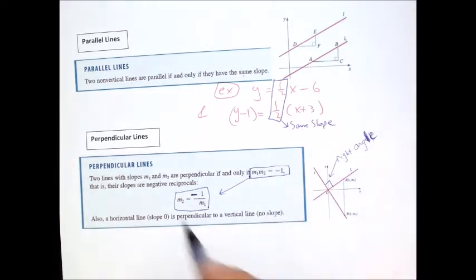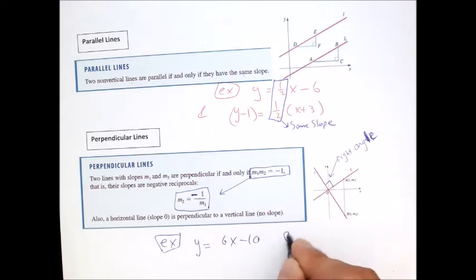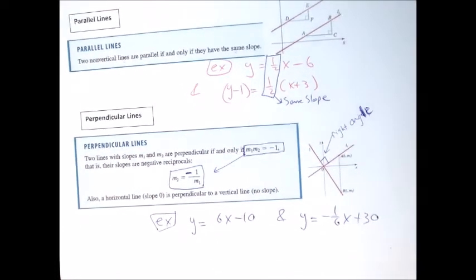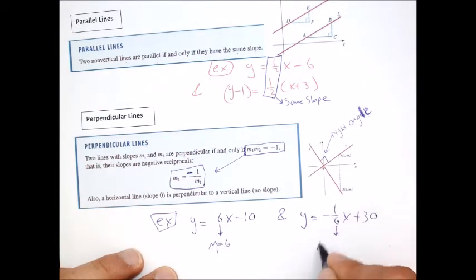For example, if we get two lines, let's say we had our line 6x minus 10, and our line minus 1/6 x plus 30, we can see that these two lines are perpendicular to each other because their slopes are negative reciprocals of each other. Reciprocal means you flip the fraction over.